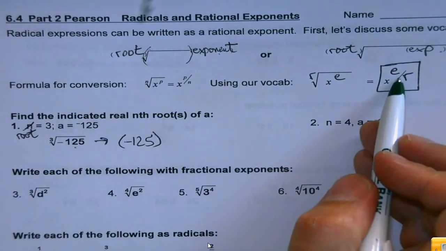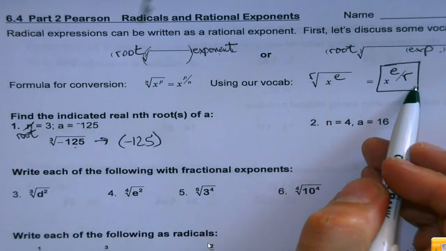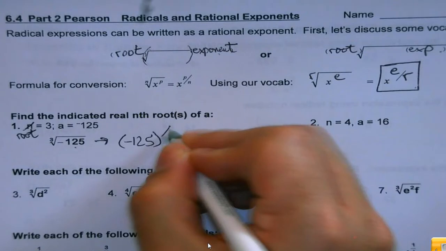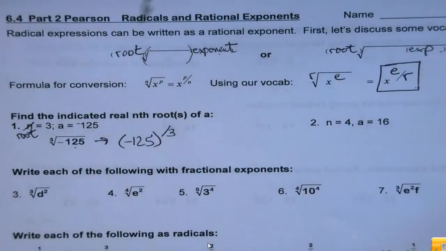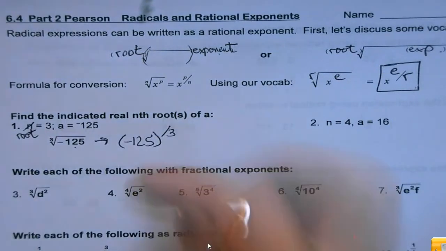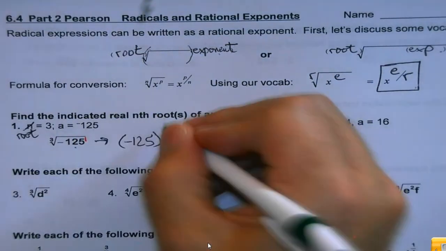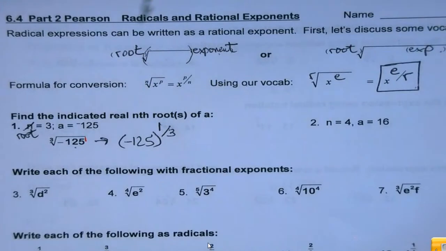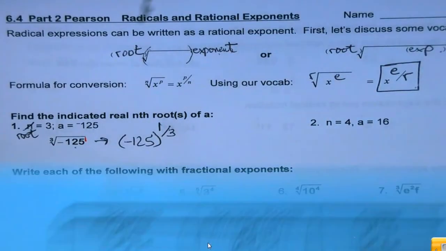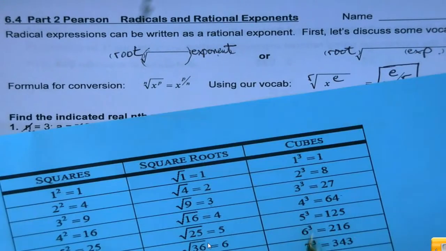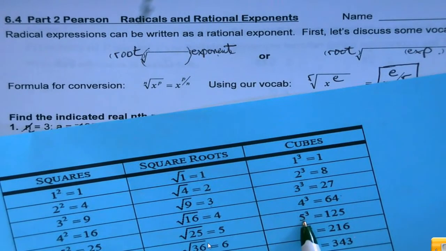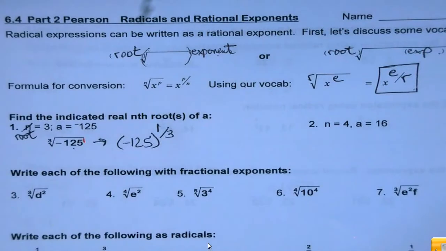Now we just got done saying it's exponent over root. I see the root, but I don't see an exponent. So if I don't see an exponent, what exponent's actually there? 1. So unless I happen to know what the cubed root of 125 is, which again, I could use this to figure out that it's 5, that's for another time. I can go ahead and use the calculator on that if I so choose.